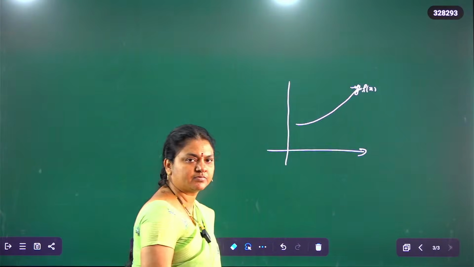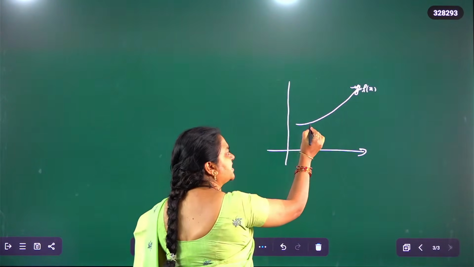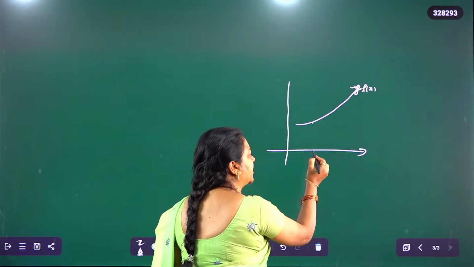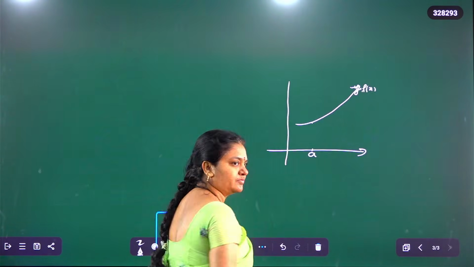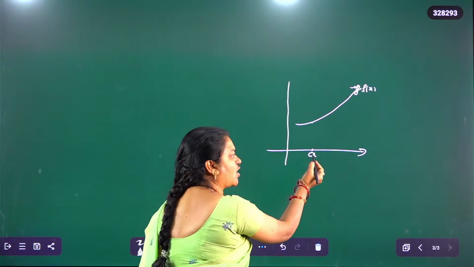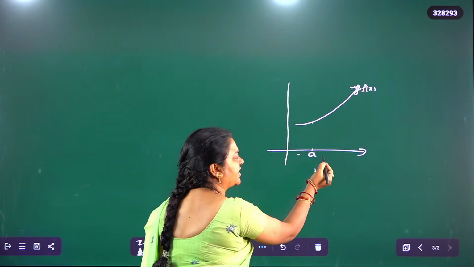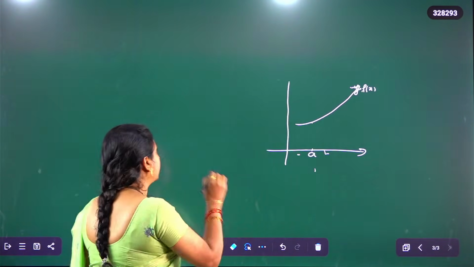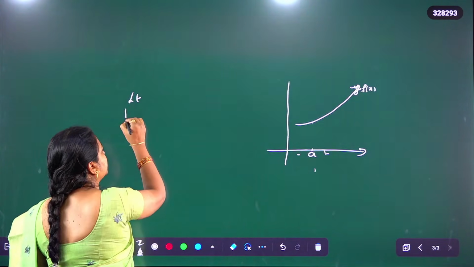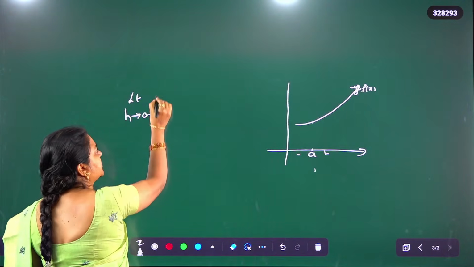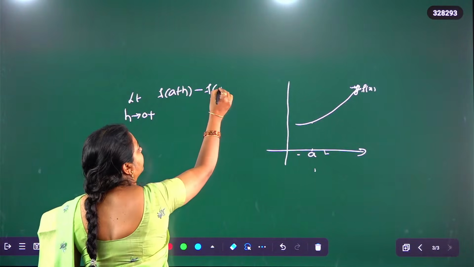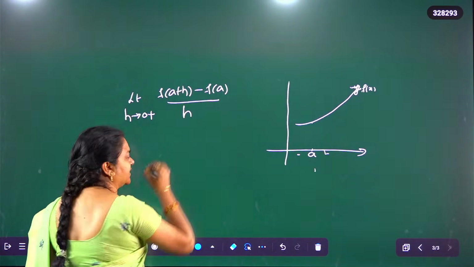Within this interval I am not taking any end points. Here I am taking this point a, which lies between the end points of I. Because it is not an end point, there will be a left hand value and a right hand value. So that means limit h tends to 0 plus of f of a plus h minus f of a by h will be there.